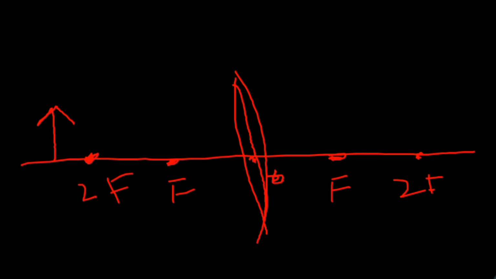Now, the first line will start from the top of the object, move parallel to the principal axis and strike the lens.